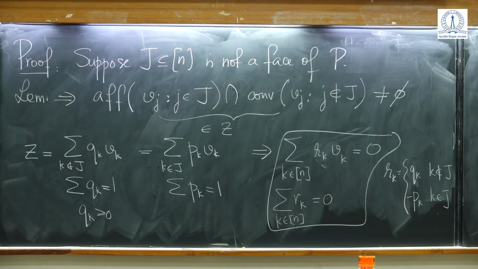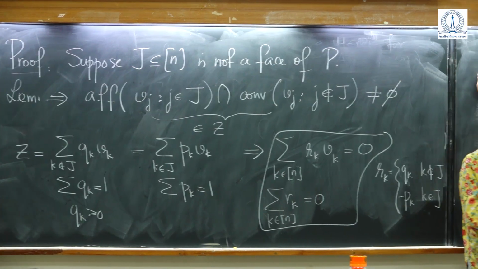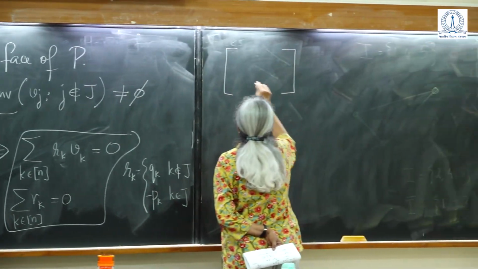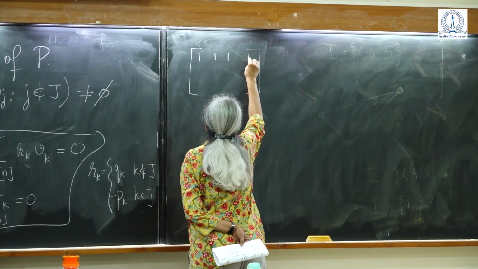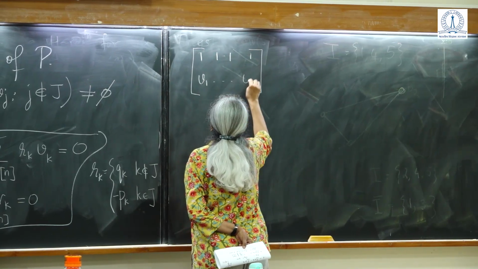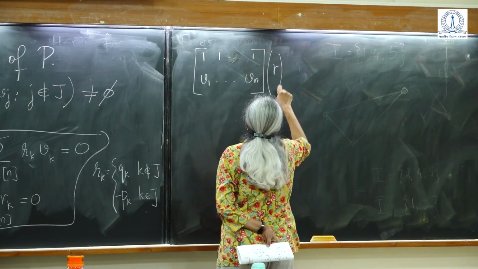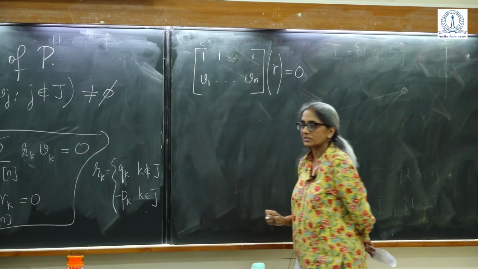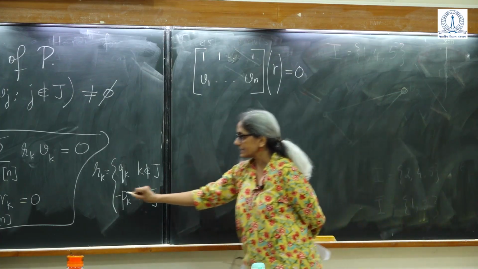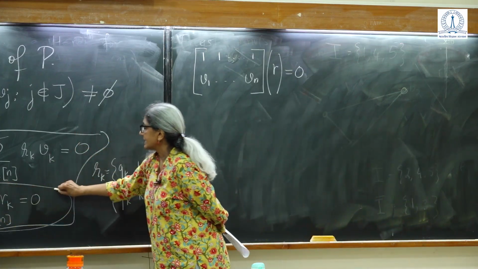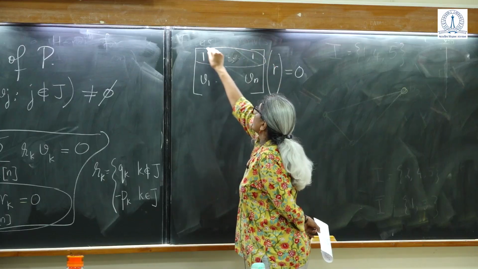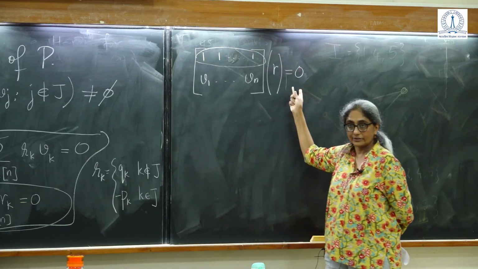So basically, what I just did is showing us that the matrix with the row of all ones, and V1 through Vn, times R is equal to 0. That's what this is showing us, right? Because this piece is exactly saying that the dot product of the all ones vector with R is 0.